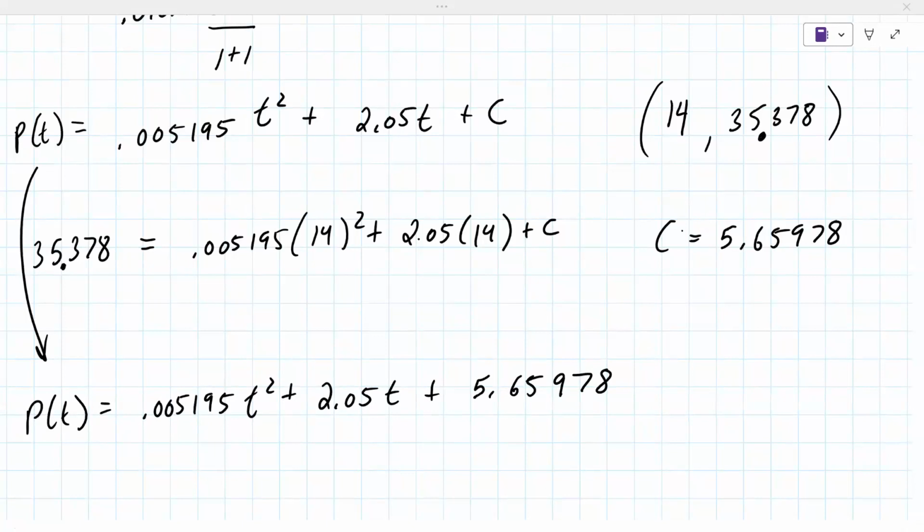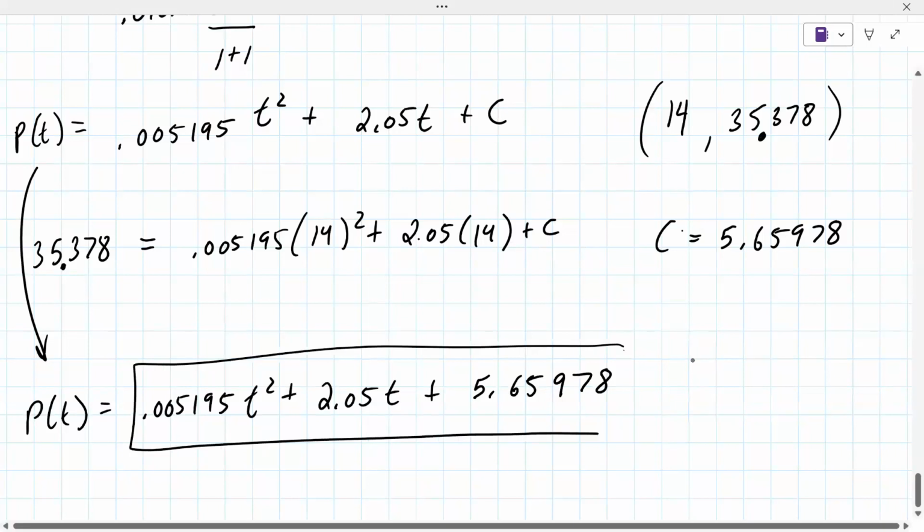Checking one more thing. Okay. 0.01039. Yeah. All right. I believe this is correct.